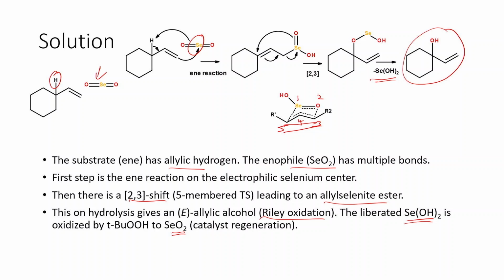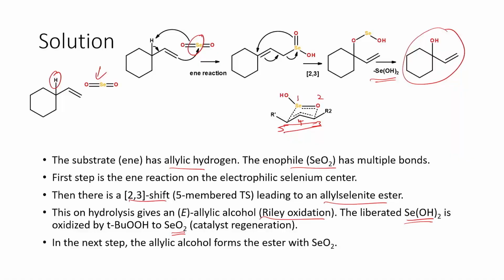But when we use tertiary butyl hydroperoxide as a secondary oxidant, this selenium dioxide can be regenerated. In other words, it can be used as a catalyst in this particular reaction.